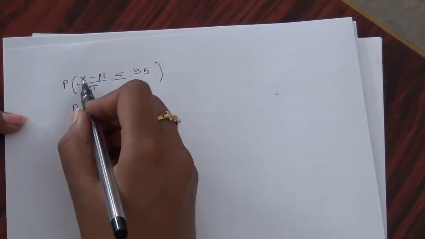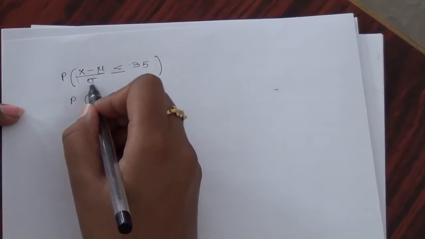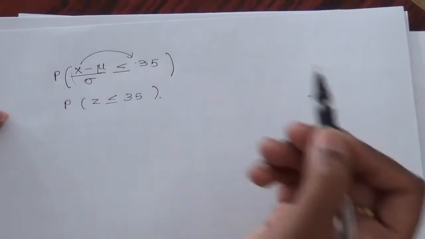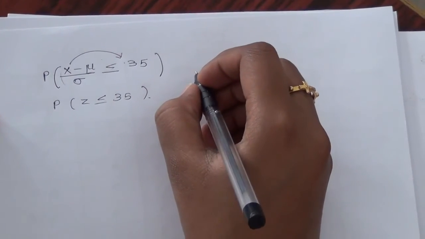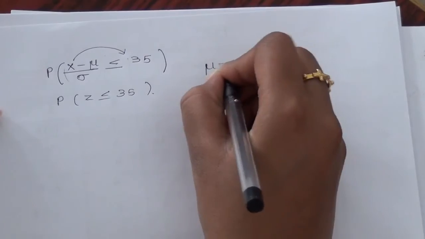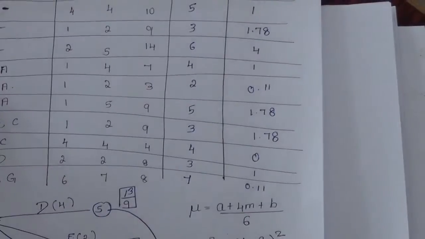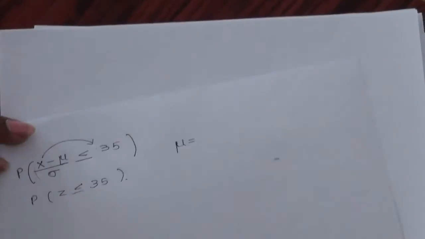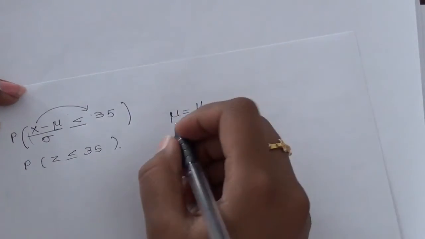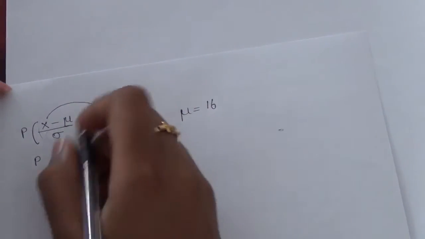Now we have to find all these variables x, mu and sigma. X is nothing but this 35. Mu is the value which we have already calculated, that is 16. Now we have to find the value for sigma.